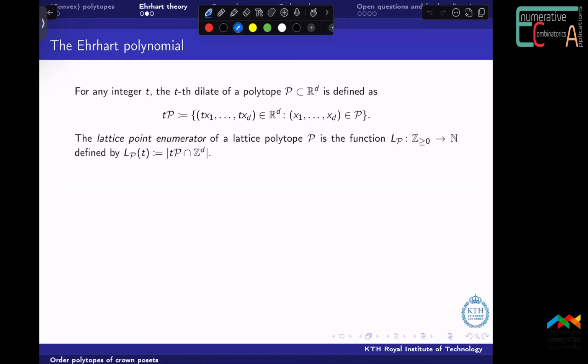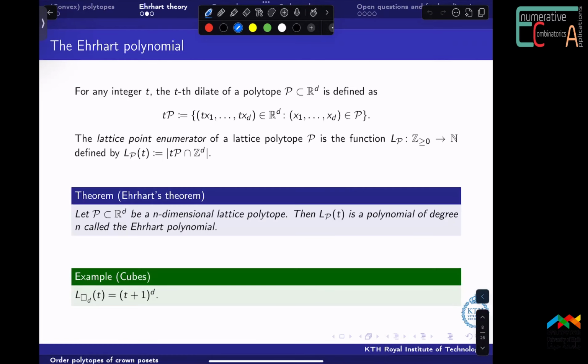Dilating a polytope by t is just multiplying each coordinate of each one of its points by t. With this idea, we have the lattice point enumerator, which is a function that for each dilation of my polytope counts the number of lattice points in the dilation, tP.